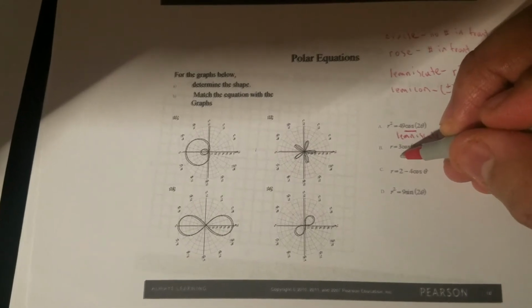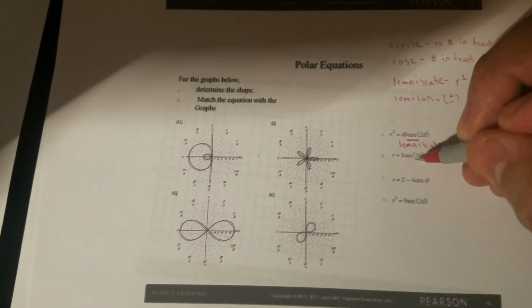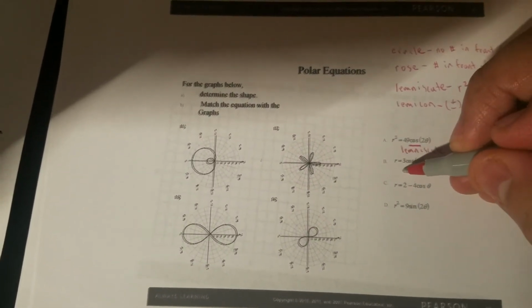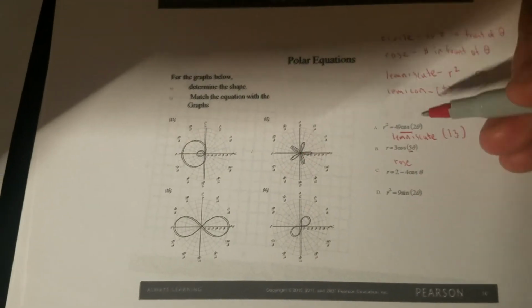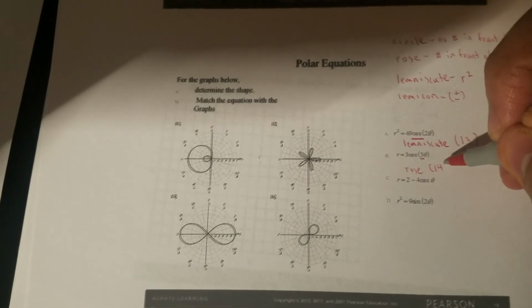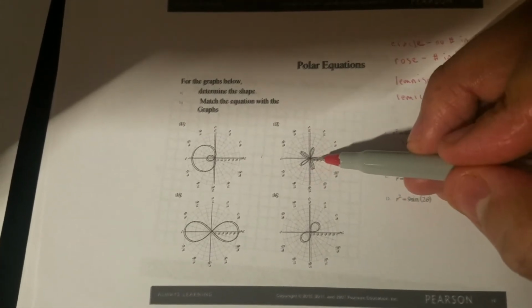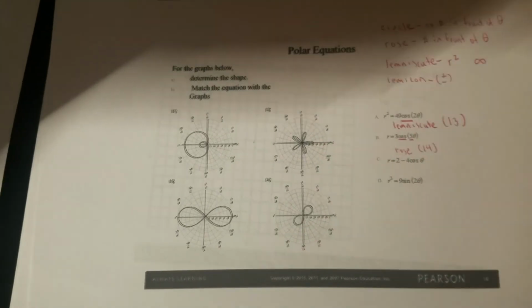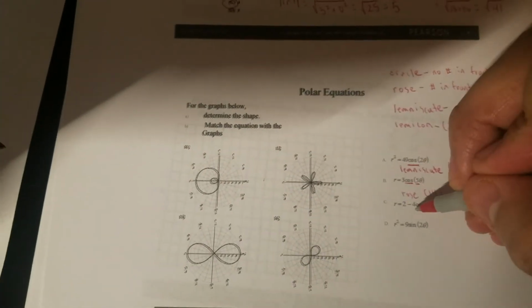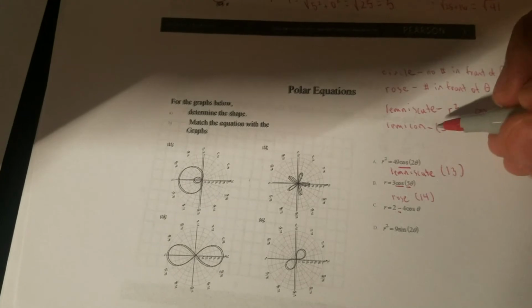This one right here, number in front, no r squared, so this is a rose. And the only rose I have in here is 14. And this is cosine. You see how it touches the line here? So this is a cosine graph. This one has a minus sign, so guys, this is a limaçon.